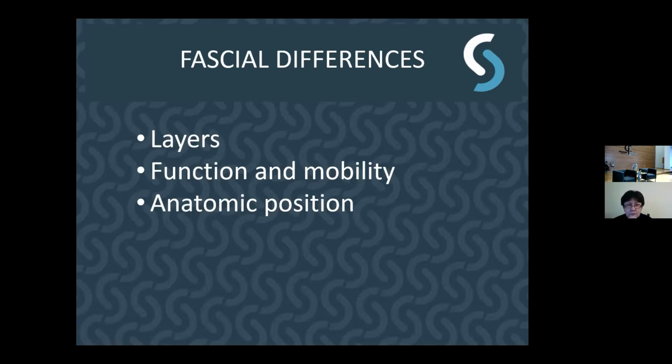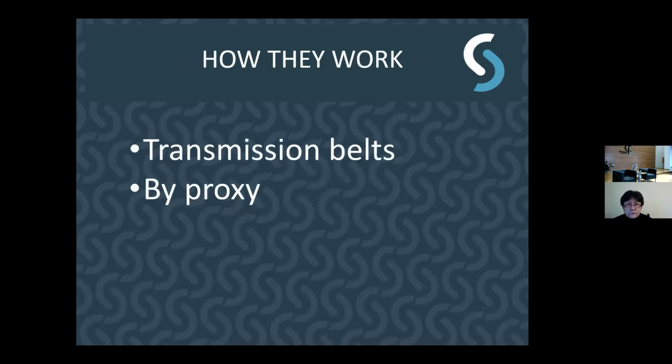And the more mobility you have, the further your regional anesthesia can be pushed by muscle motion. Also, the anatomic position of where the fascia is and where they are in relation to organs also depend on how far your regional can spread. We looked at continuity of spaces, and I'll go into a bit more detail about that just now.